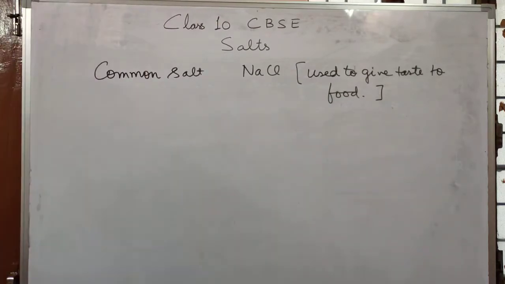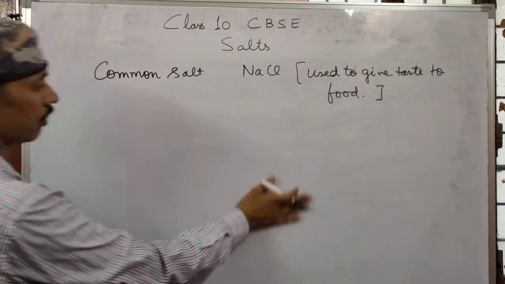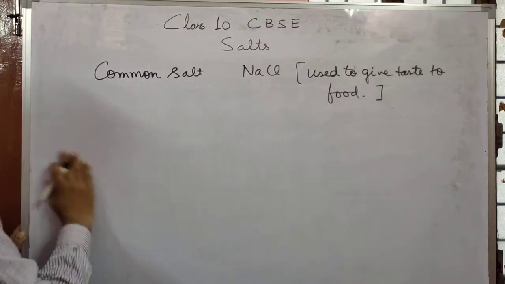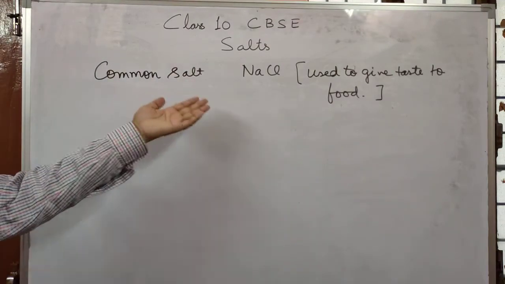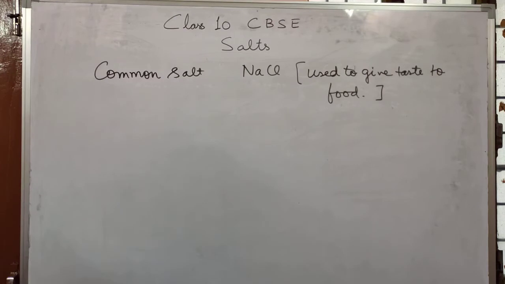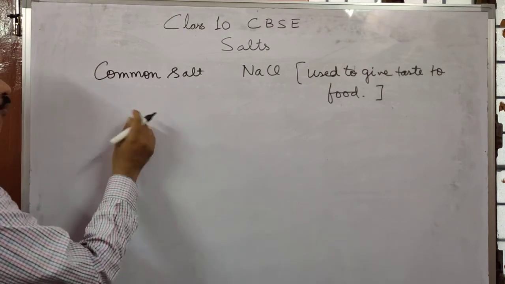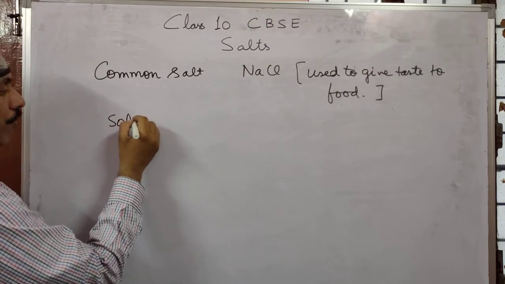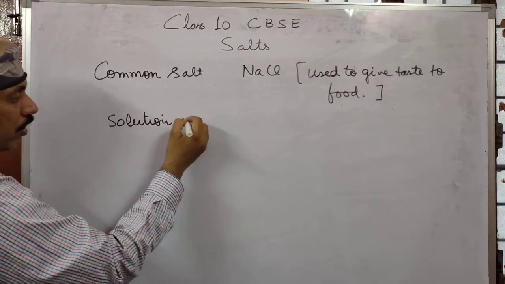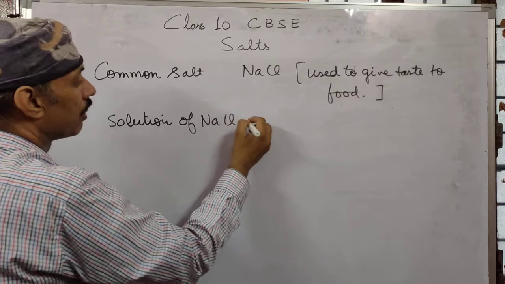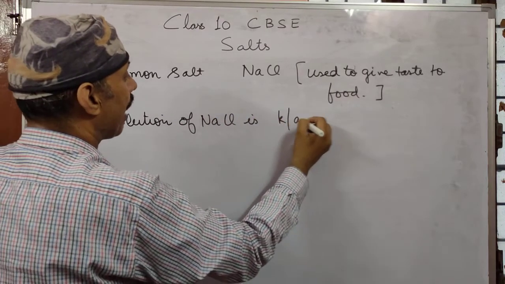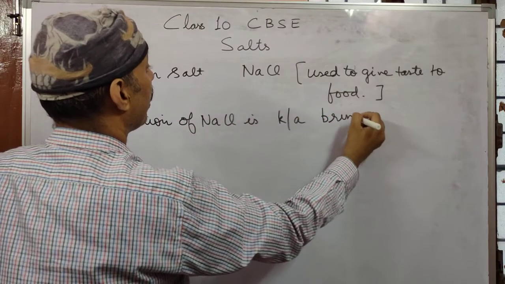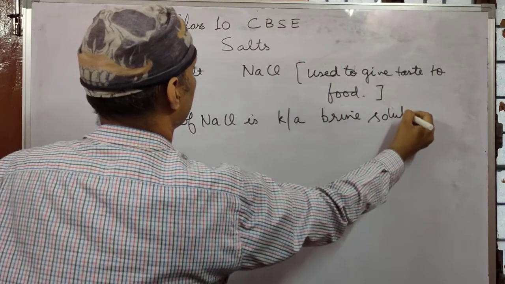Now, this NaCl can also be prepared by various methods, but the preparation is very simple. You add dilute HCl to dilute NaOH. Now let us see what are the things prepared from this salt. Solution of NaCl is known as brine solution.